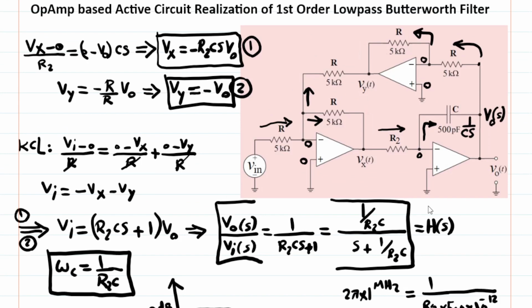One last point about intuitive understanding of how this first order 3 op-amp based circuit is working. Let's say, intuitively, without even writing this transfer function, you want to figure out whether this whole system is a low pass filter. At super low frequencies, 1 over Cs, when S, which is a function of omega, becomes 0, this cap becomes an open circuit.